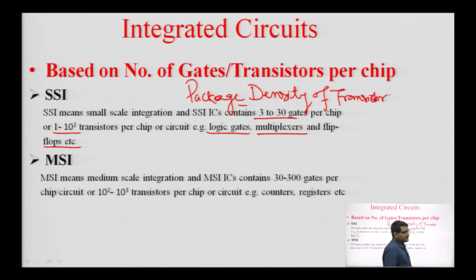Okay. Now, the next category is MSI. MSI means medium scale integration, and MSI circuits contain 30 to 300 gates per chip, or 100 to 1000 transistors per chip.